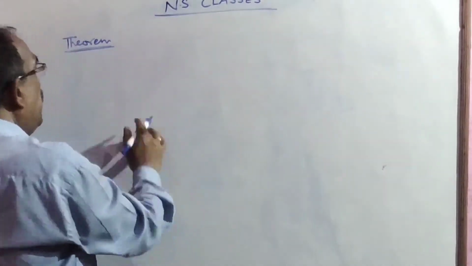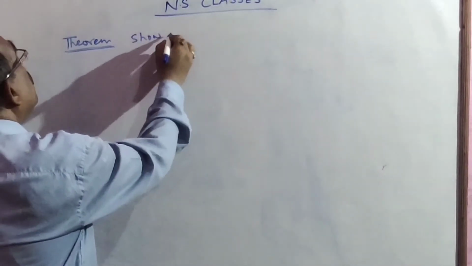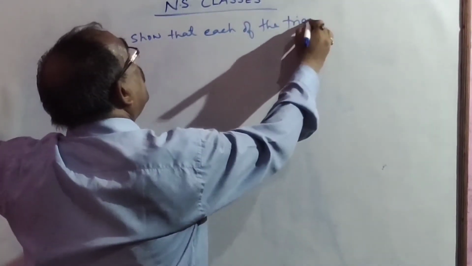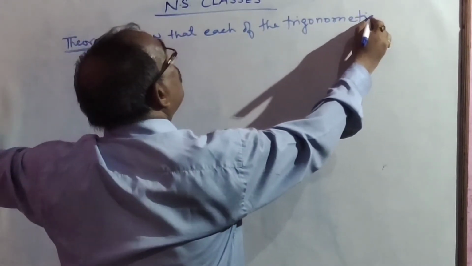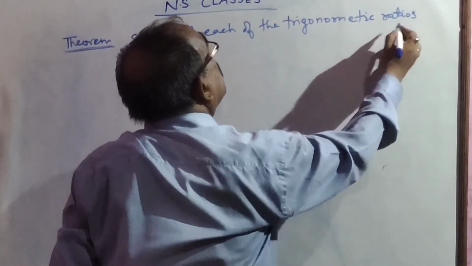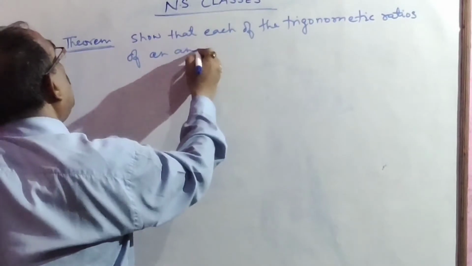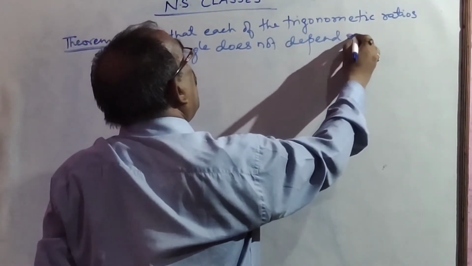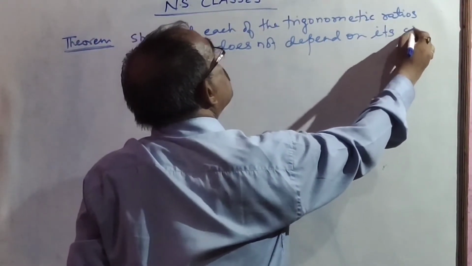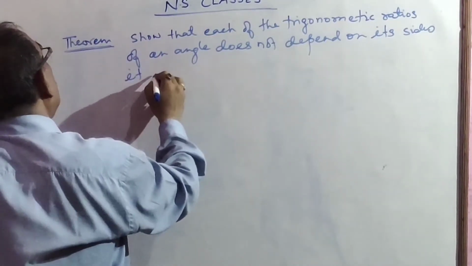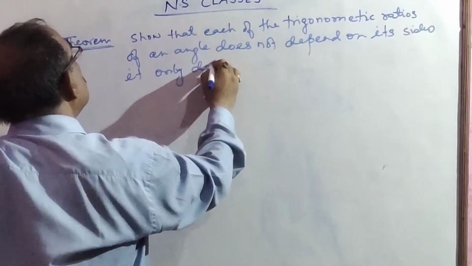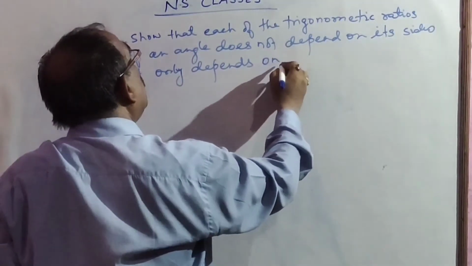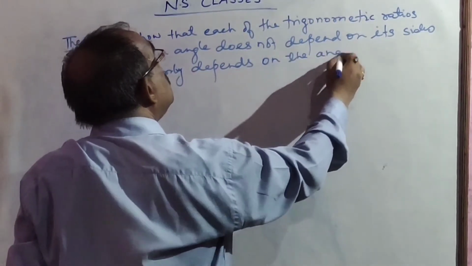A very interesting topic is given, that each of the trigonometric ratios of an angle does not depend on its sides, it only depends on the angle given.